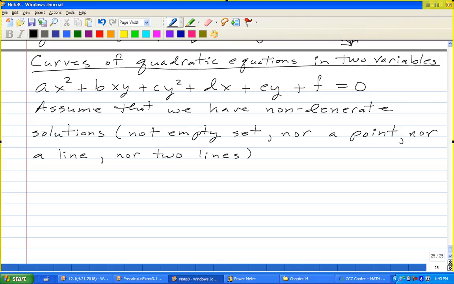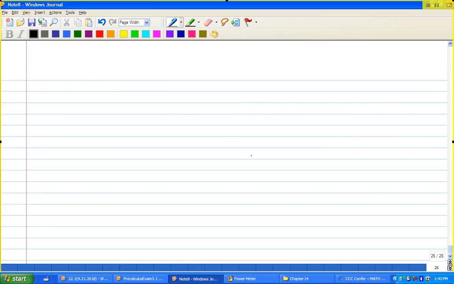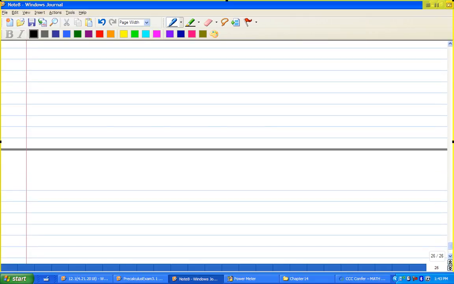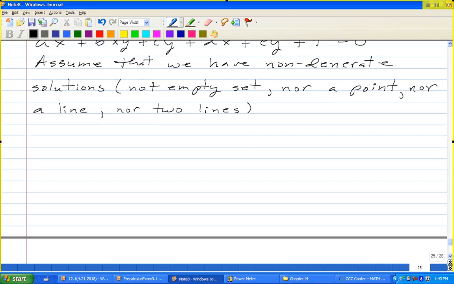Okay. Now, define the discriminant as b squared minus 4ac. Then, if the discriminant is equal to 0, this will be a parabola.